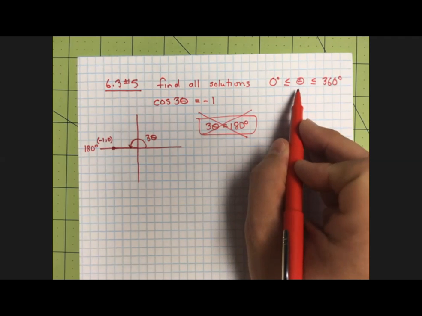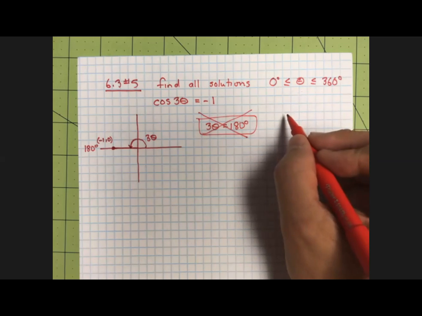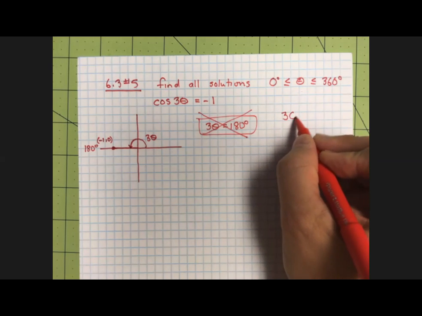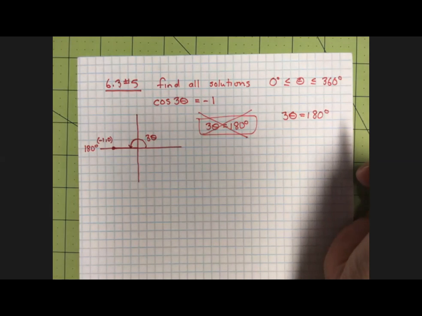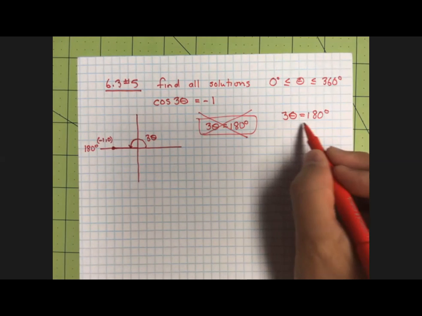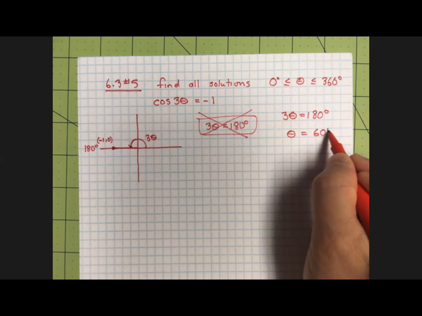And let's think about this very carefully. There's 2 things I got to do to finish this problem. It's not wrong to say 3 theta is 180. But they asked me what theta was, so I have to finish this. I have to say, oh, you mean theta is 60 degrees.